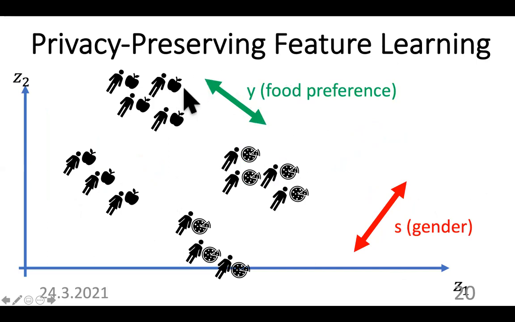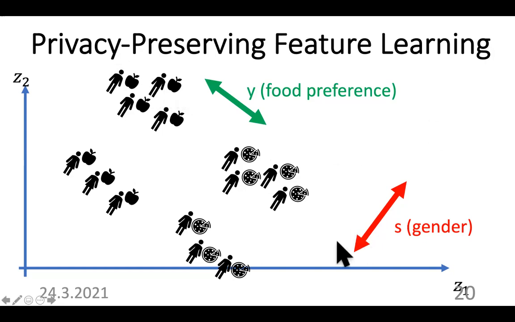Does a person like apples or does a person like pizza? This is what we are interested in. And we would like to find which features of a person are relevant for predicting if he or she likes pizza or apple. For example, is it a relevant feature of a person if he is from Austria? Does this feature help us to predict if the person likes pizza or likes apples more?